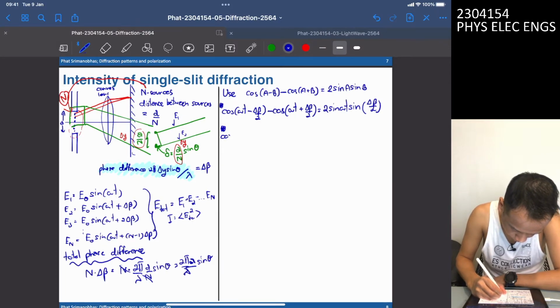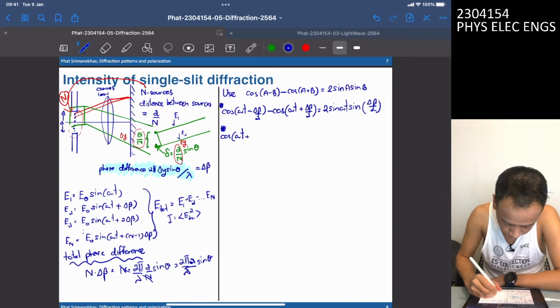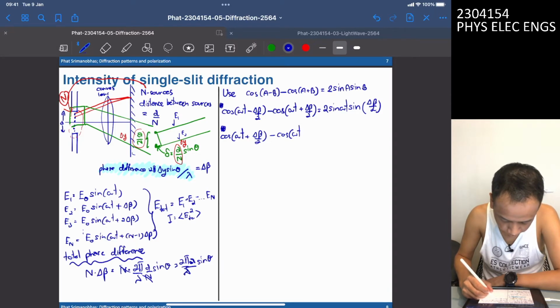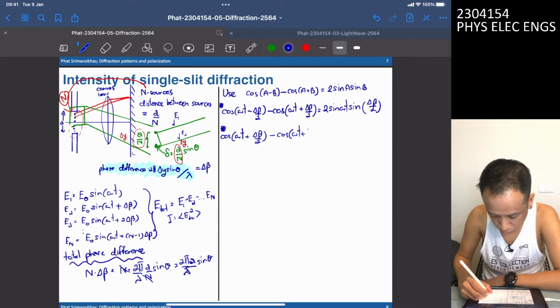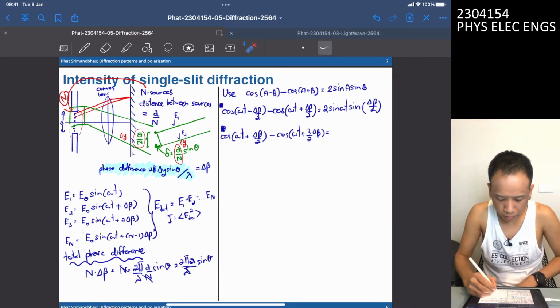Then the second one, you start with cosine of omega t plus delta beta over 2 minus cosine of omega t plus 3 over 2 delta beta. And you ask, but it's not different. It's different.